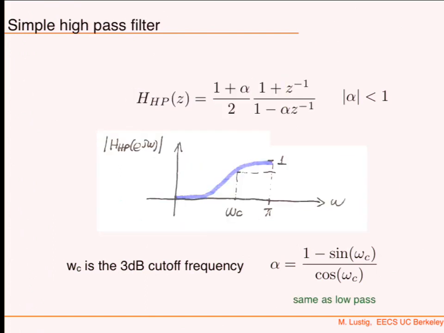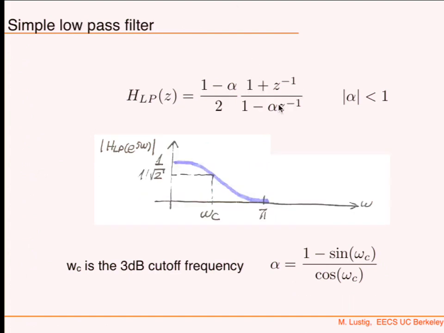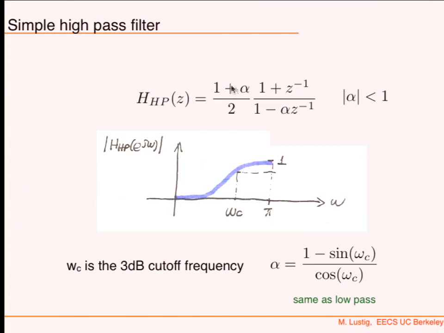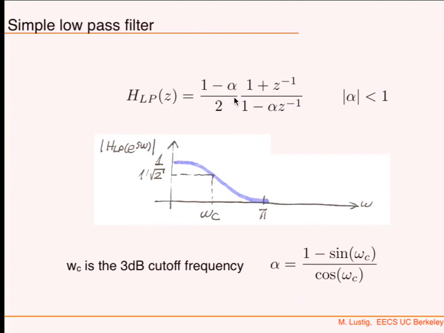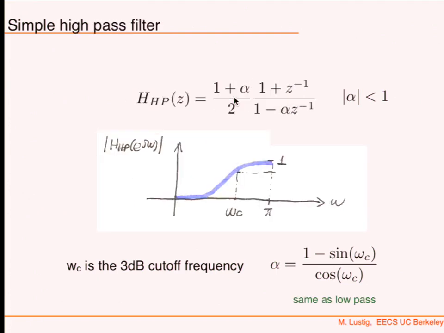If you want to then parameterize a high pass, you can do it the same way, but now you just have to flip the sign, like you do a 1 plus alpha here. What's the difference? Yeah, just flip this, 1 plus alpha.